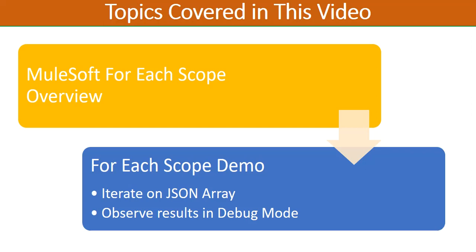What happens is that when you use the for each scope from the core module, each element from within the collection is iterated, one by one, and you can perform whatever actions using the different types of processors within your for each scope. And then once the entire collection has been iterated and you reach out of the for each scope, you are able to access the entire payload again.